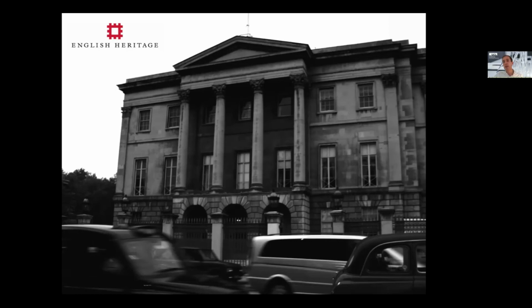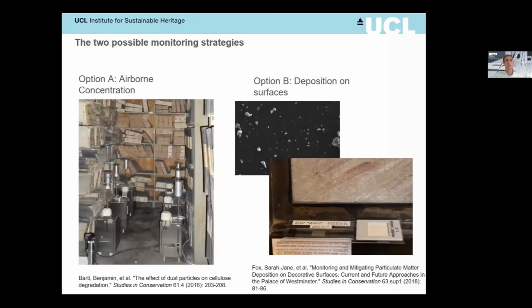So what I did there was monitoring dust deposition in several locations for a year, which was an interesting opportunity of experimenting with different ways of monitoring dust. There are basically two main approaches. One is that you place a sensor, a monitoring device that captures particles in the air, airborne concentrations.